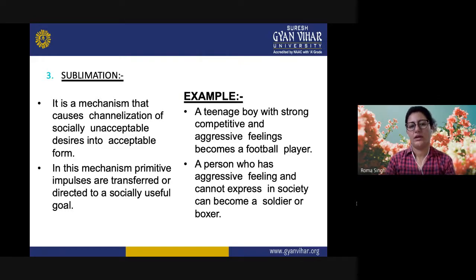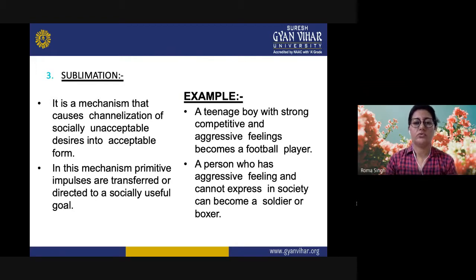Let us take an example: a teenage boy with strong competitive and aggressive feelings becomes a football player. At this age, few students are able to control their emotions and feelings. A teenager faces aggression, and sometimes they are emotionally imbalanced because they are growing at that time. So it is an age of storm.